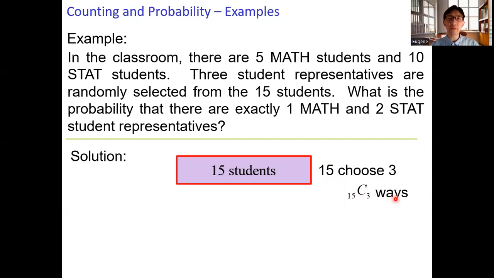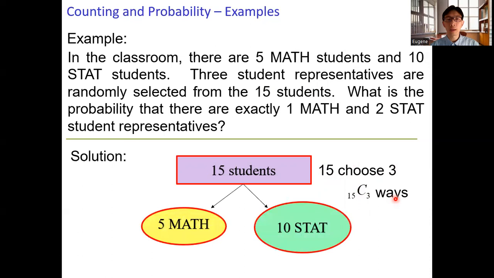But we need to split these 15 students into math students and stat students. Out of these 15 students, there are 5 math students and 10 stat students. For the math students, we want to select exactly 1. So from the 5 math students, we choose 1.